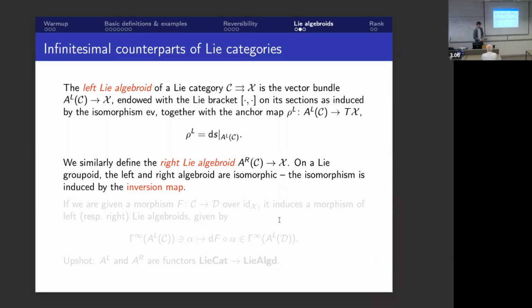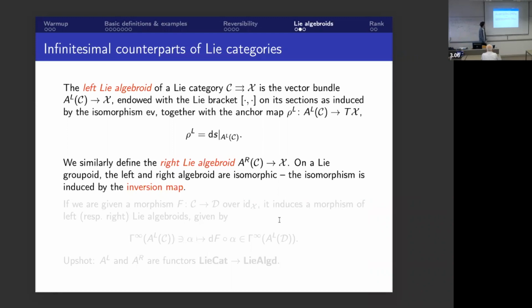And if you remember from the theory of Lie groups, we had a canonical isomorphism between them that was given by inversion, right? But now in Lie categories, in general, we don't have inversion. So these two might be different for certain ill-behaved Lie categories.